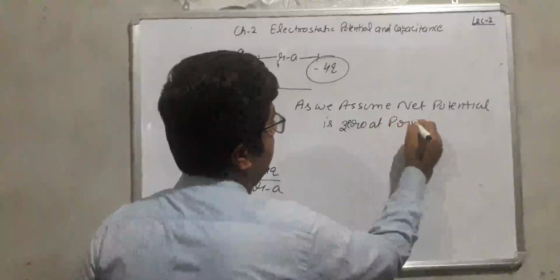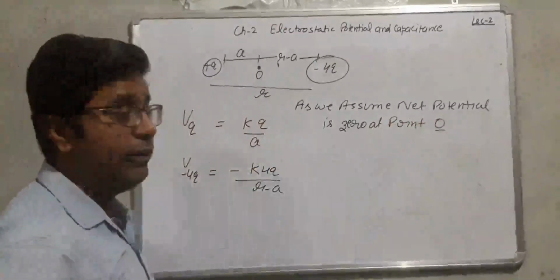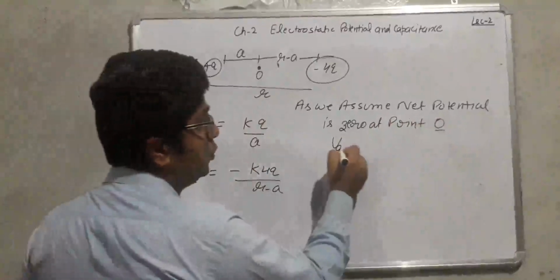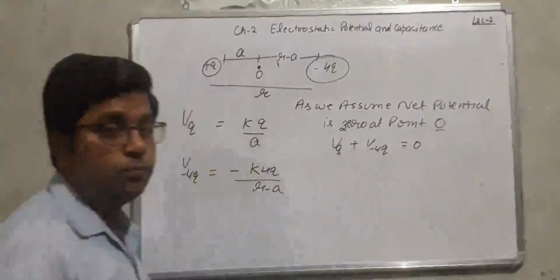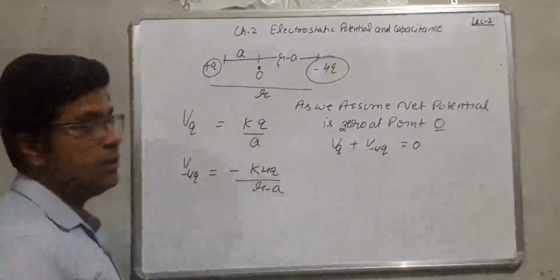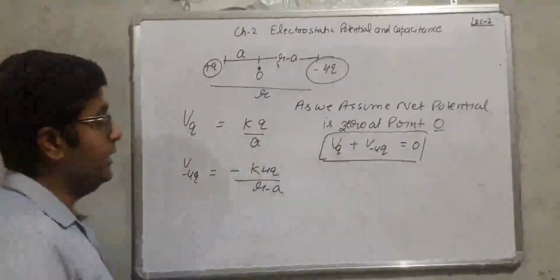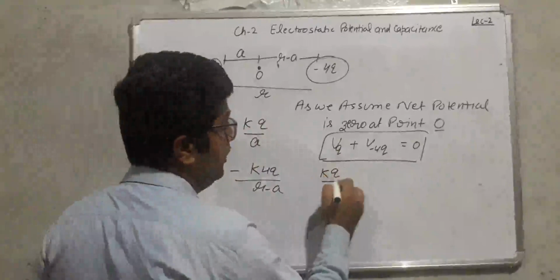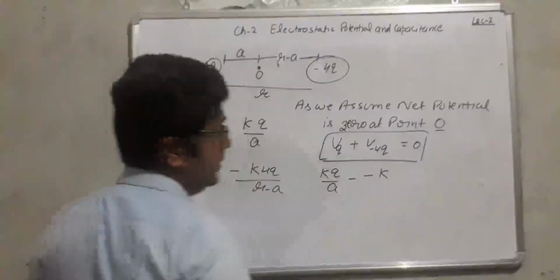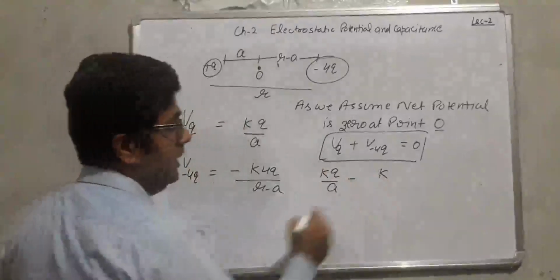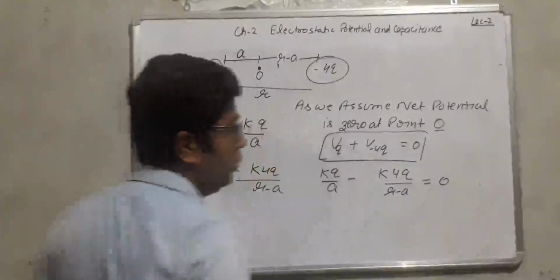I earlier told you that potential is a scalar quantity. It means the potential due to q plus the potential due to minus 4q is equal to 0. Then we get a net potential equal to 0. So we simply add them because this is a scalar quantity. So it becomes kq by a minus k 4q by r minus a is equal to 0.